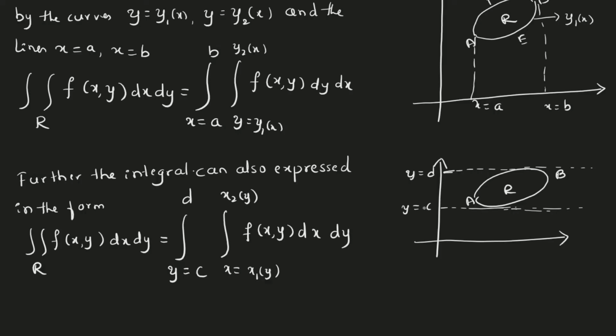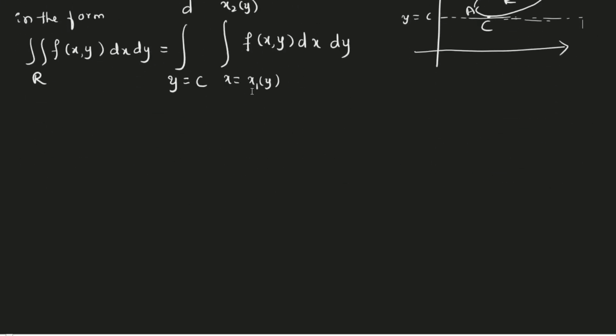Now x1 of y and x2 of y are the left and right parts. So CAD is x1 of y, and the right part CBD is x2 of y.